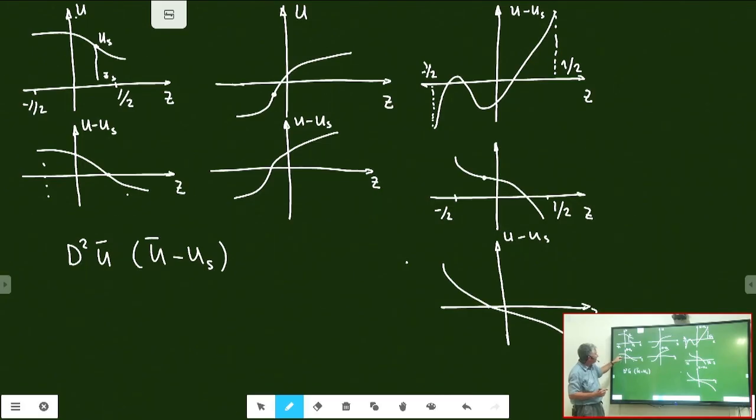Negative, and this is positive. So this product here is negative. What about here? So we have this to be negative and this to be positive.